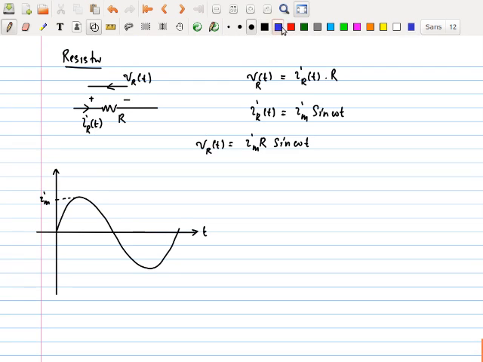Now the question is, how do I draw the output voltage waveform? You realize this voltage waveform has Im multiplied by R, so the amplitude should be higher, but it still looks like a sinusoidal waveform with no angle shift, no phase shift. So this, if you draw, should look like this.